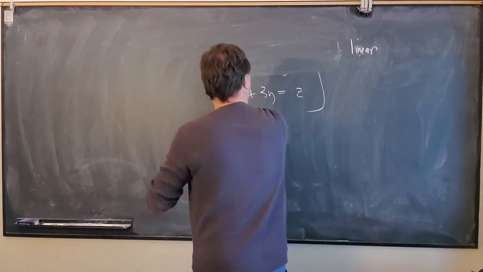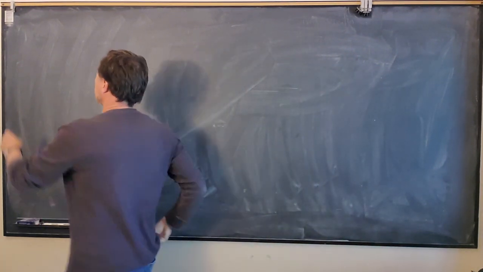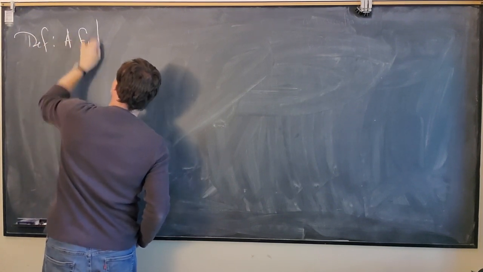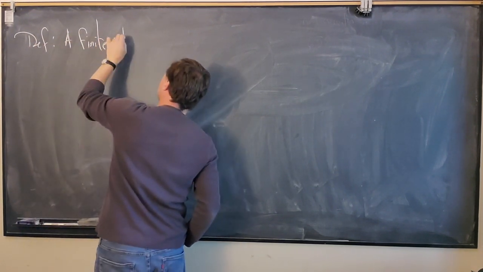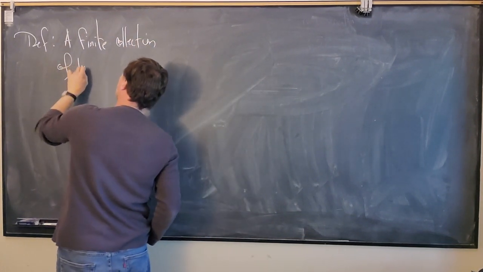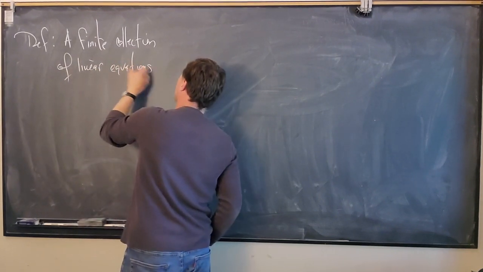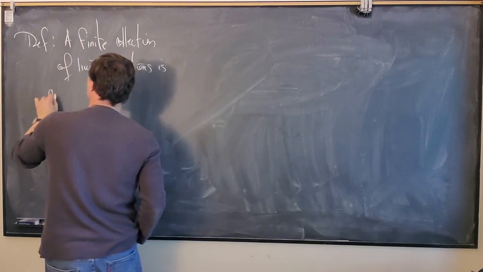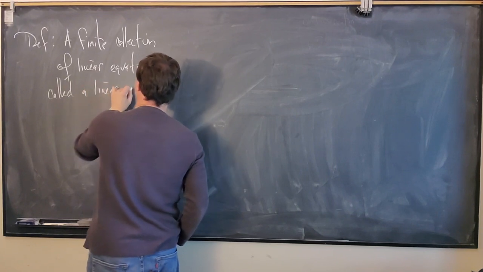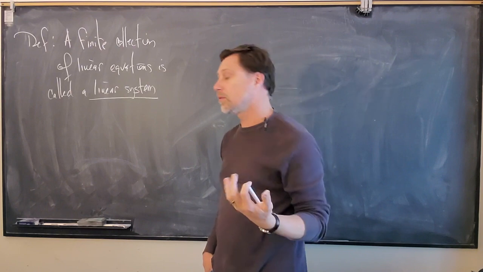Now, what we're going to deal with most of the time are what are called linear systems. A finite collection of linear equations is called a linear system, or if you really want to get fancy, a system of linear equations.